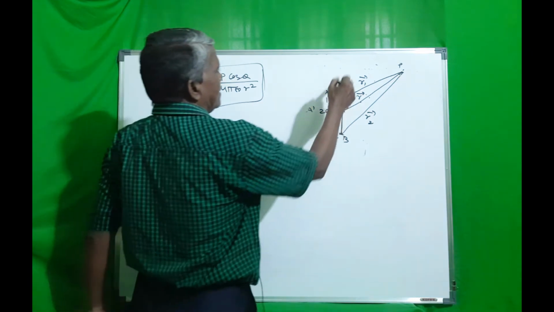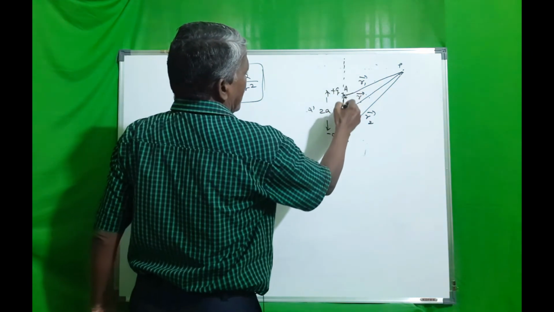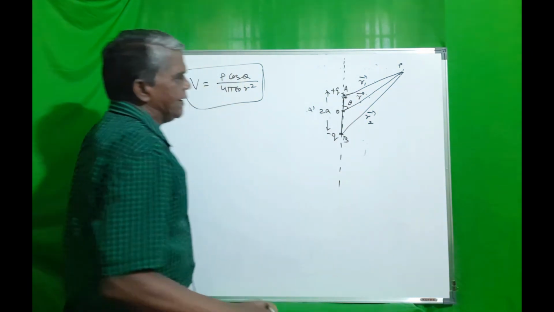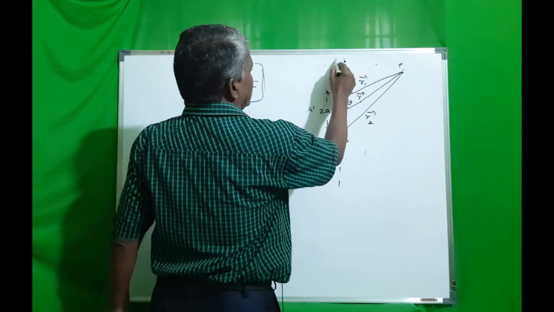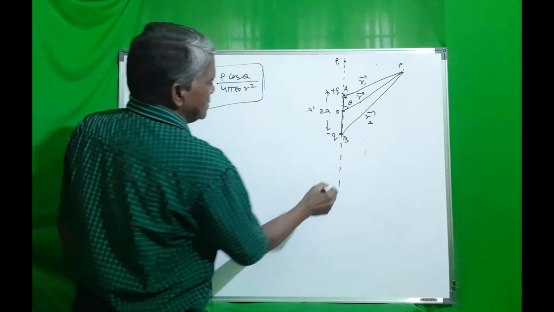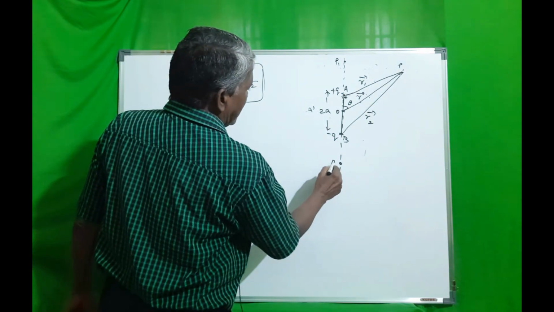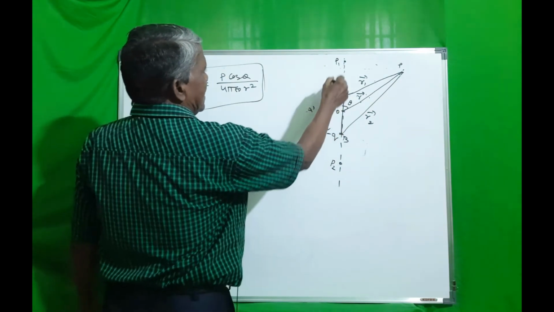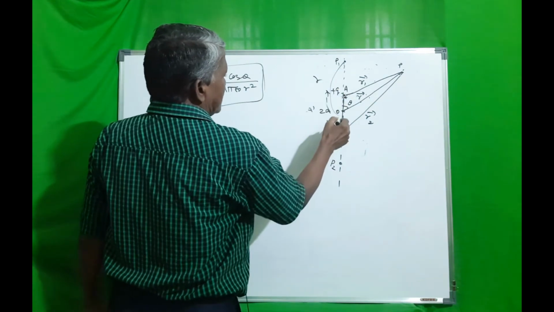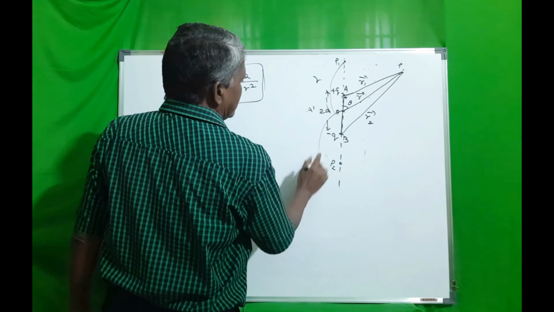Now we can take a point on the axial line. Suppose P1 is about the positive charge and P2 is about the negative charge. Take the distance as r.